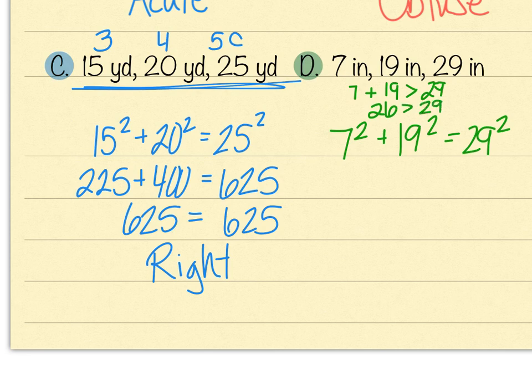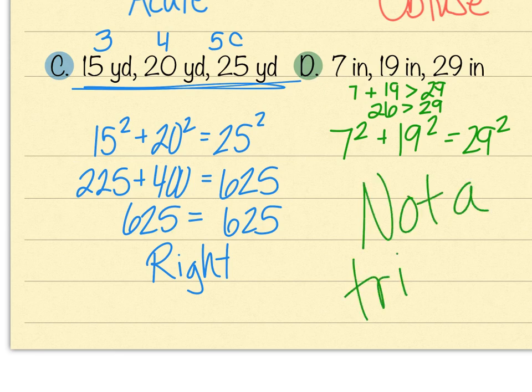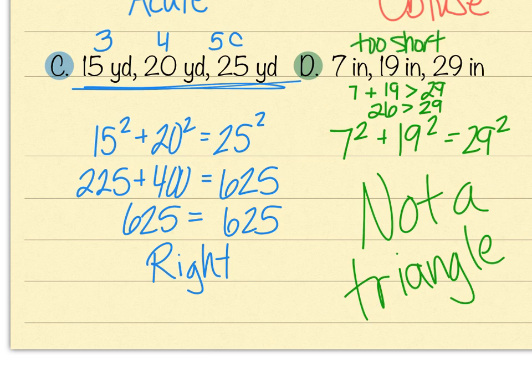So not only is this not a right triangle, this is not a triangle at all, because it doesn't follow the triangle inequality theorem. These two sides are too short to connect with the long side. So double check, make sure that you're working with actual triangle measurements and not just three sides that don't even make a triangle.